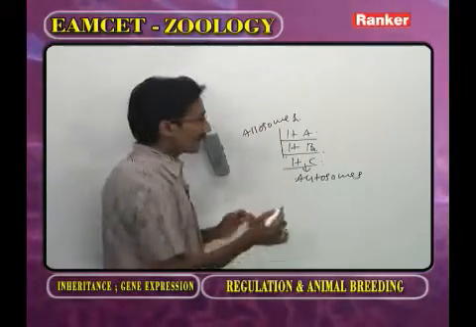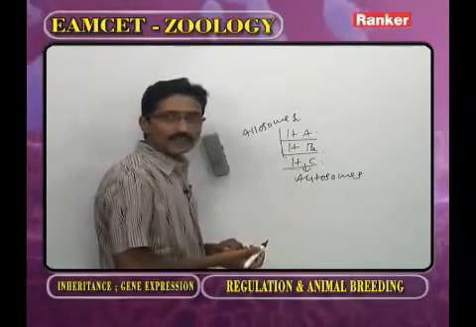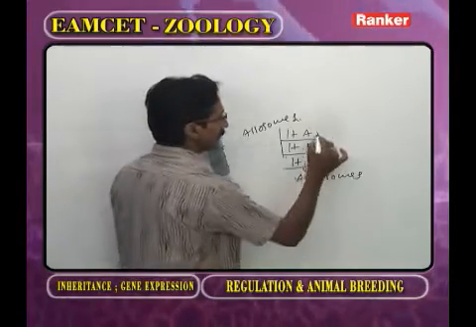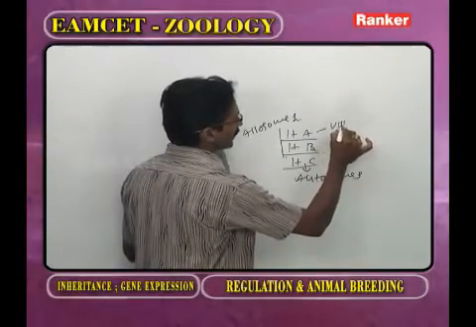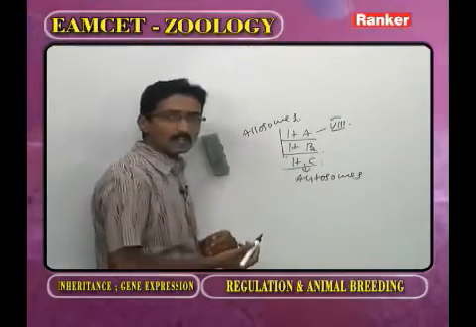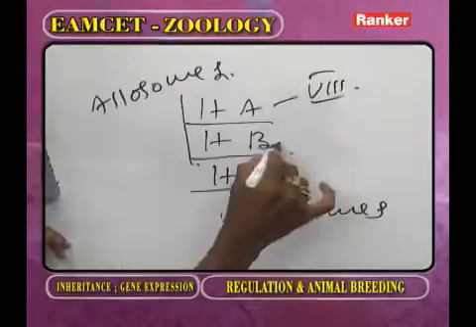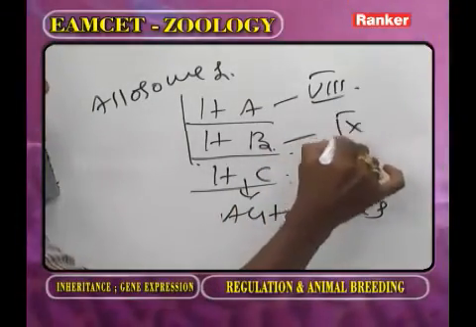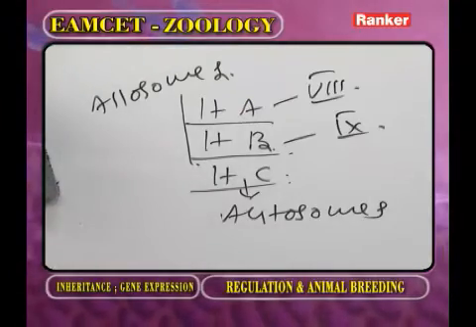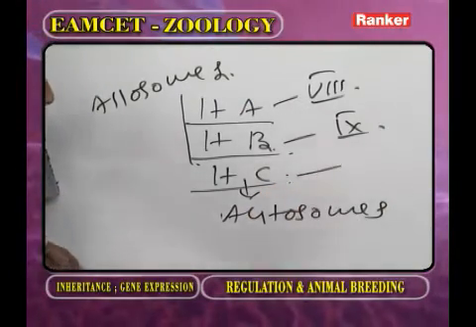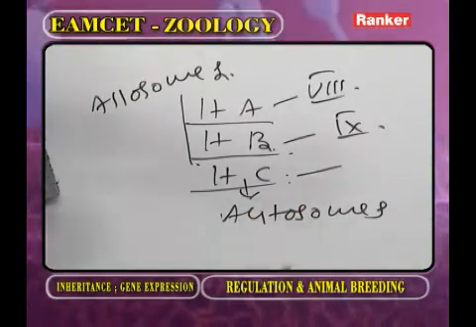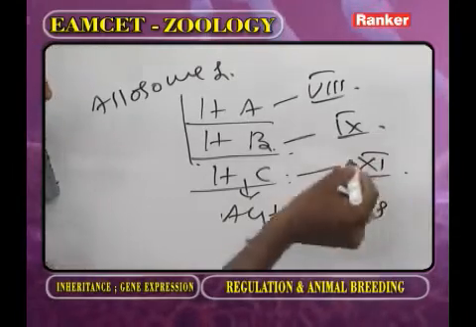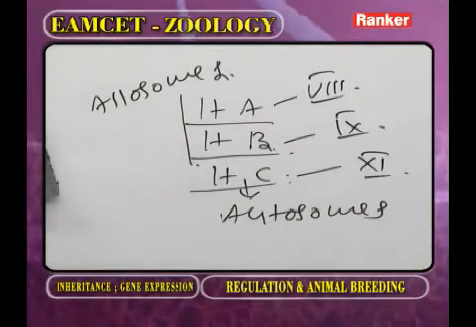In hemophilia A, the 8th factor is not produced. In hemophilia B, the 9th factor is not produced. In hemophilia C, the 11th factor is not produced.